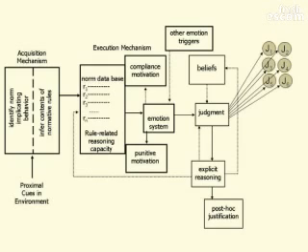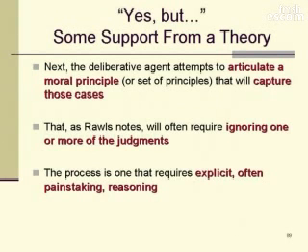All right. Well, what do you do next? The next thing you do is you articulate a moral principle or a set of principles where the goal is to capture these cases. That is to say, to entail that these cases, given the surrounding facts, will come out judged the way you've just judged them. And as Rawls, of course, notes when he talks about reflective equilibrium, that will often require ignoring one or more of the judgments.